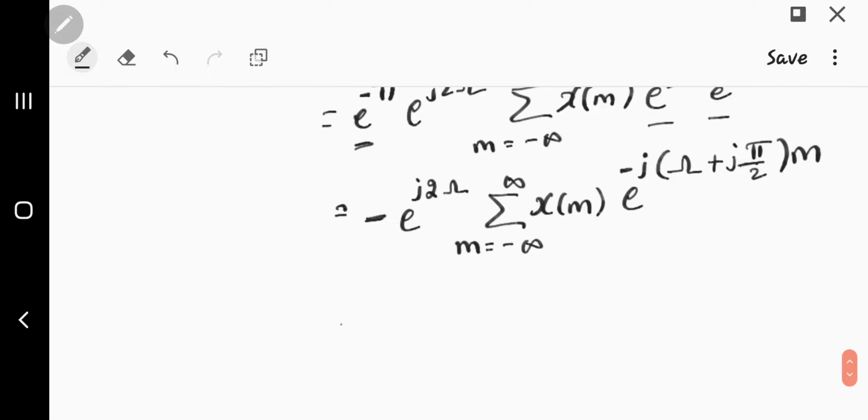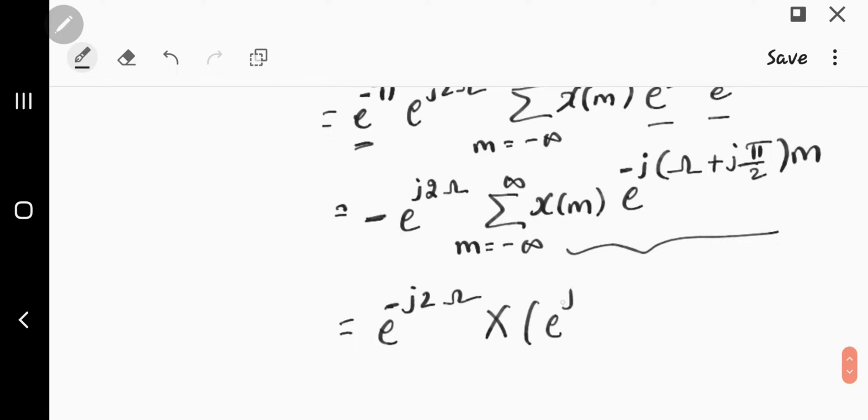Now if you go further, if you look at this, we can apply the frequency shift property. Based on that, I can write e power minus j2 omega x of e to the power of j omega plus j pi by 2 here.